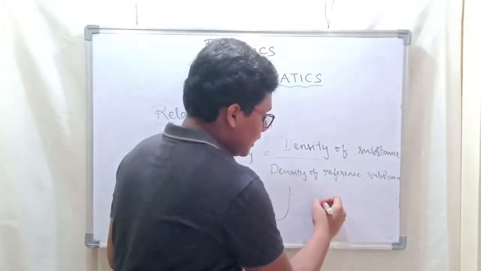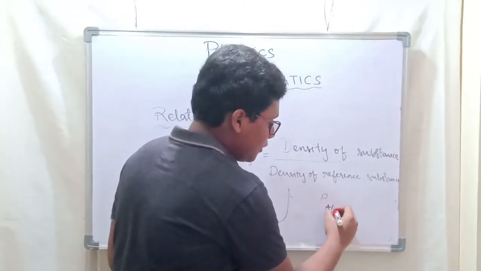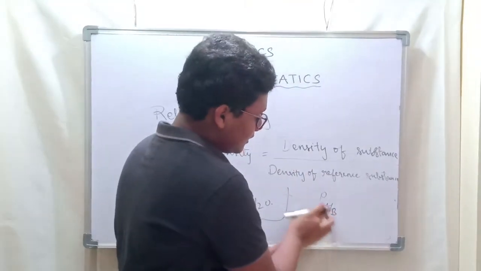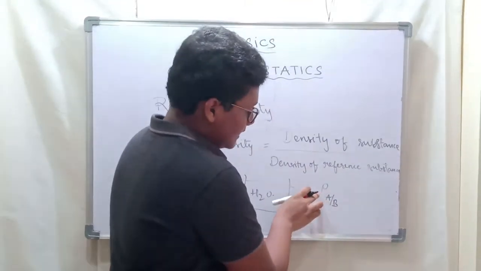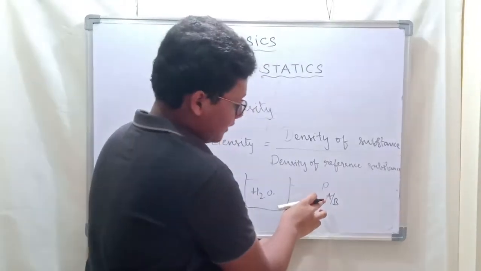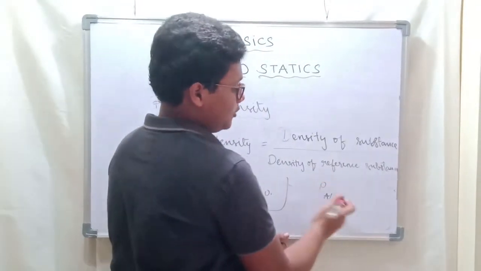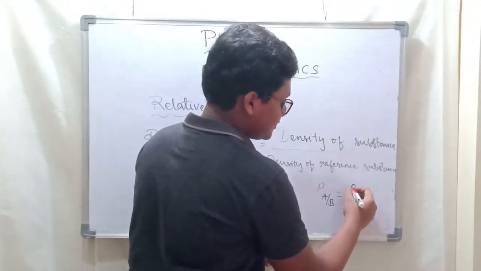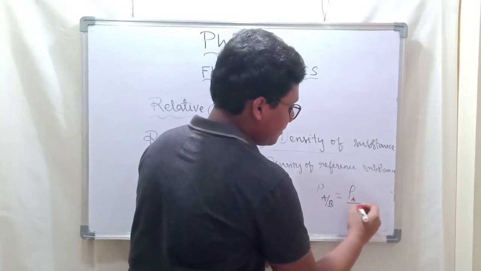So rho of A with respect to B, where A and B are liquids, is equal to density of A by density of B.